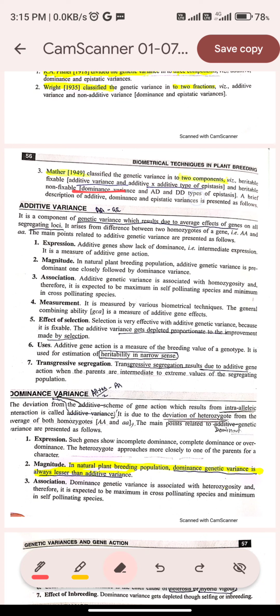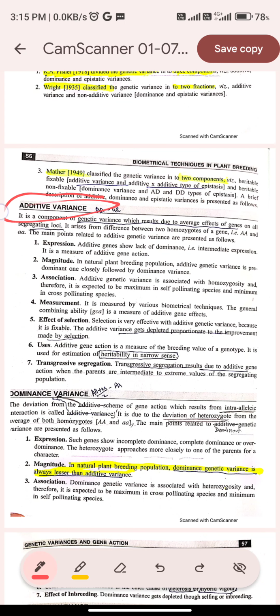In heritable non-fixable he divided dominance variance, additive into dominance and dominance into dominance type epistasis. So these are mainly the three types of classification given for genetic variance. Now each term we will discuss one by one.